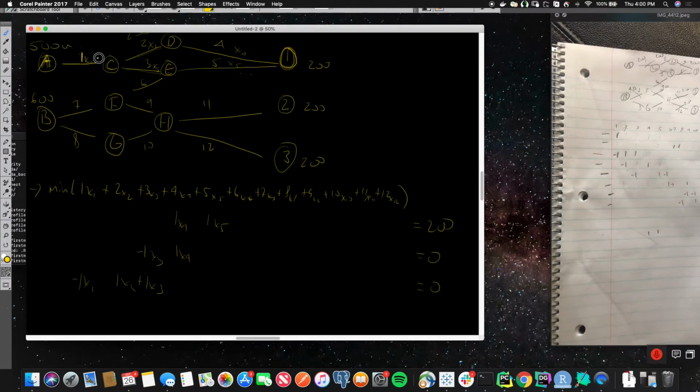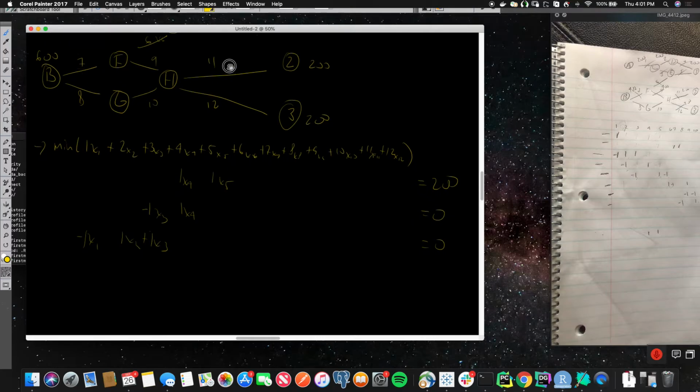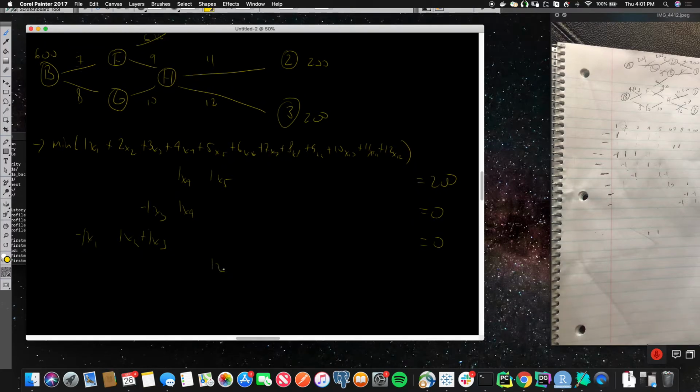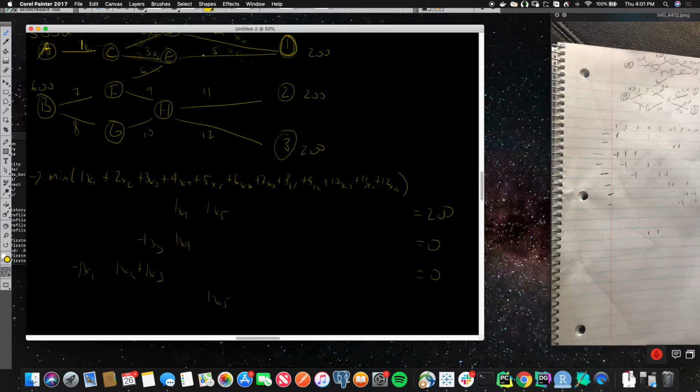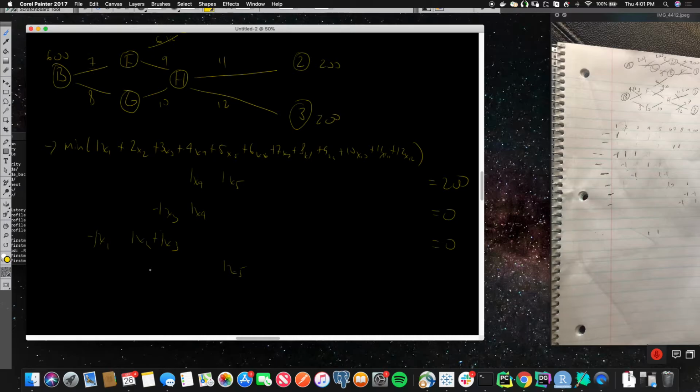So anything that comes through this way, the units have to sum up over here. All right. Now let's go back the other direction. If something comes through x3 or x6, x5 has to equal that. So we can say 1x5 minus x3 minus x6 has to be equal to 0.